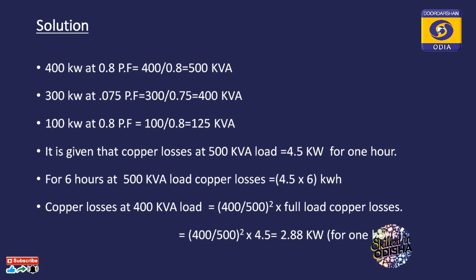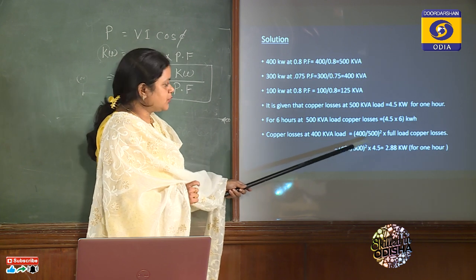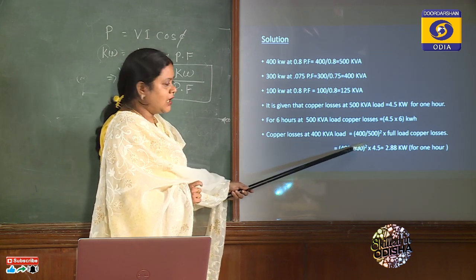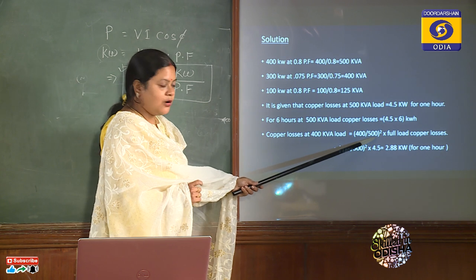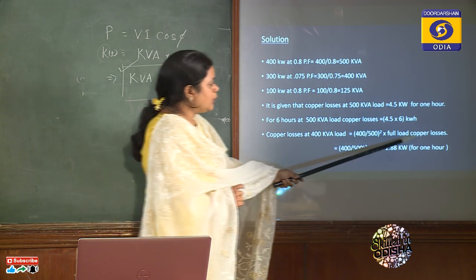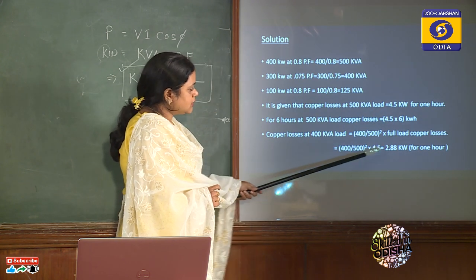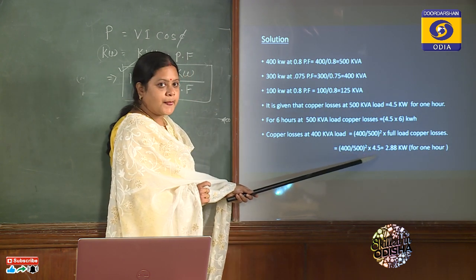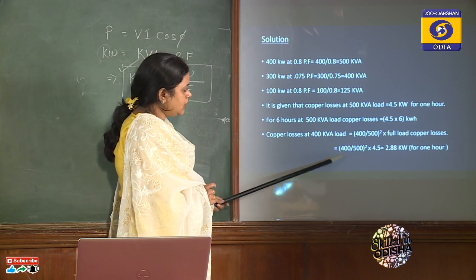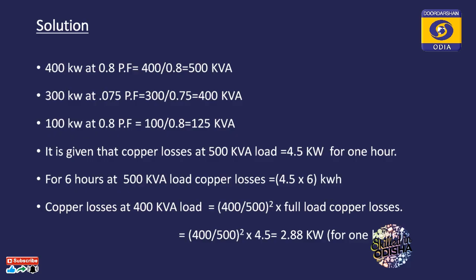The square is for I square, and I depends upon the load. So 400 is the asking load and 500 is the given load, whole square into full load copper loss. We know that full load copper loss is 4.5. That means (400 divided by 500) square into 4.5, which is equal to 2.88 kilowatt for 1 hour.